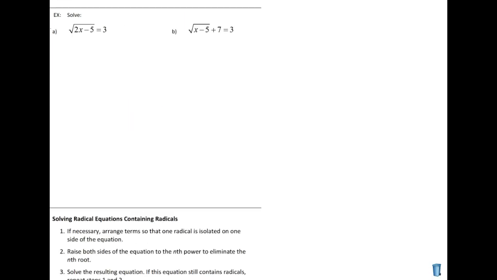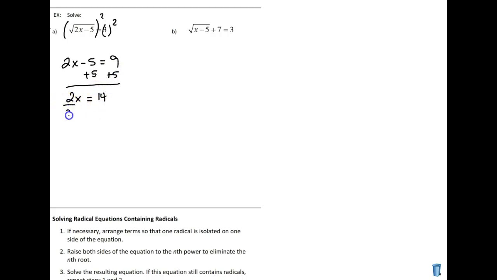So let's see if we can solve some of these. If I have the square root of 2x minus 5 equals 3, I'm going to raise both sides to the power of 2. Then 2x minus 5 should equal 9, and we're going to solve just like we would any other linear equation.